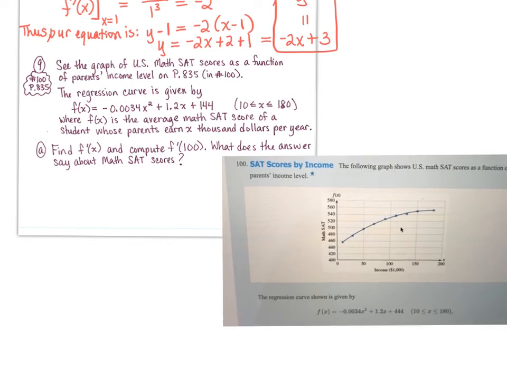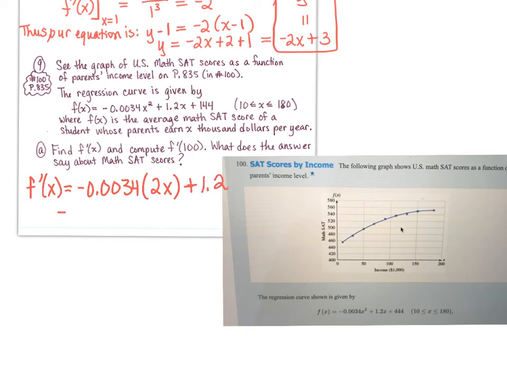So first we have to find f prime of x. f prime of x is equal to -0.0034 times 2x plus, what's the derivative of 1.2x? 1.2, good.